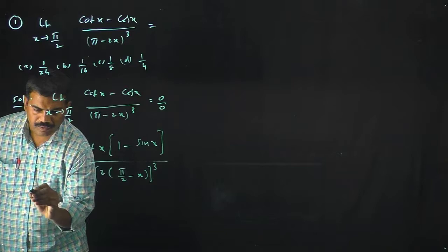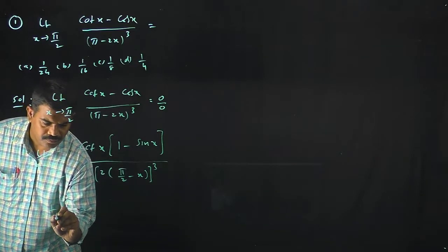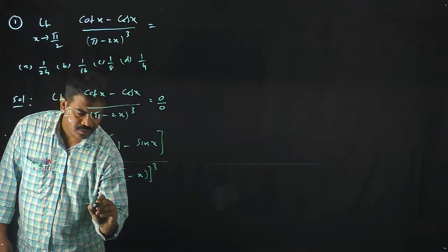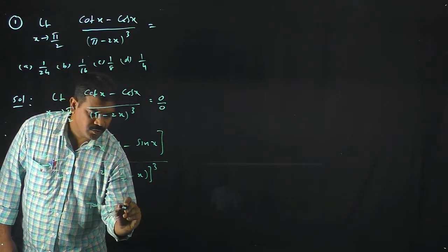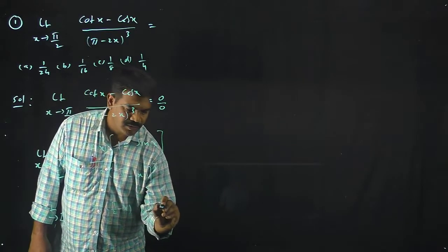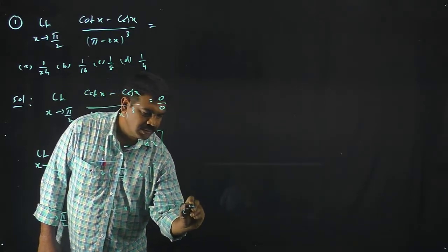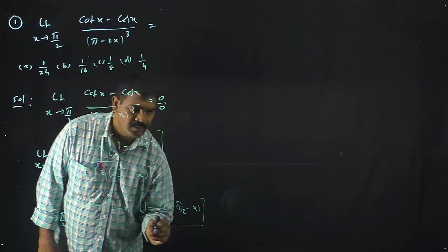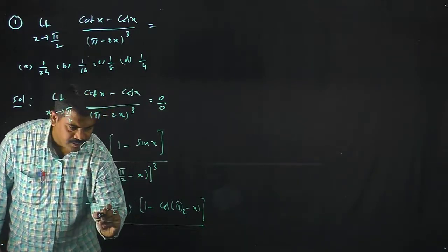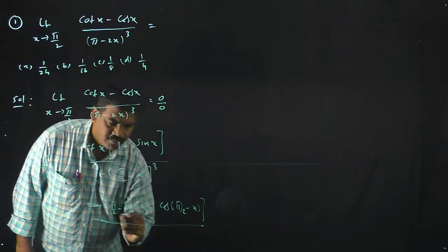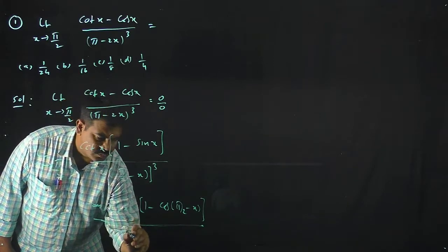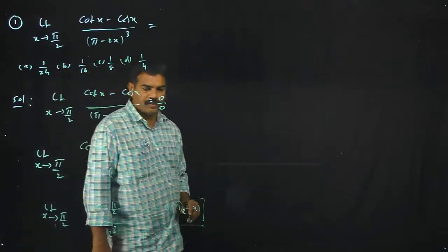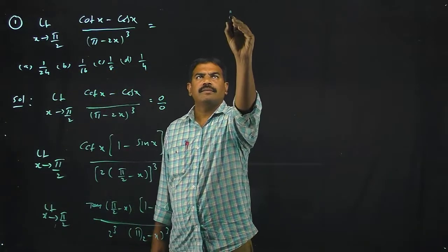So limit as x tends to pi by 2, we write cot x as tan of pi by 2 minus x, and 1 minus sin x as 1 minus cos of pi by 2 minus x, by 2 cube into pi by 2 minus x whole cube. We know that 2 cube is 8.